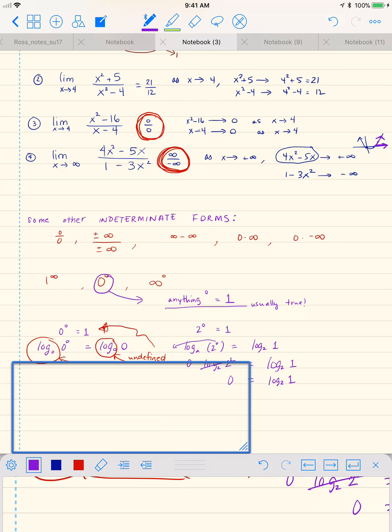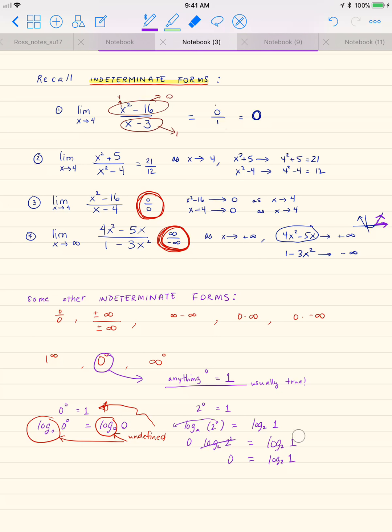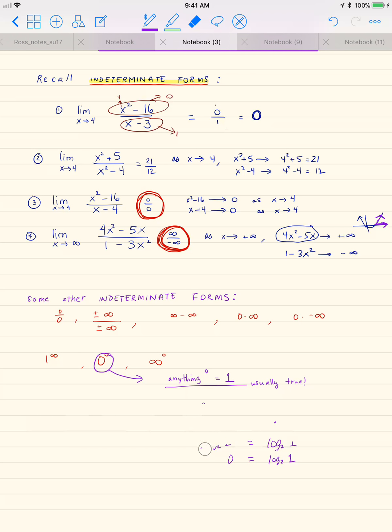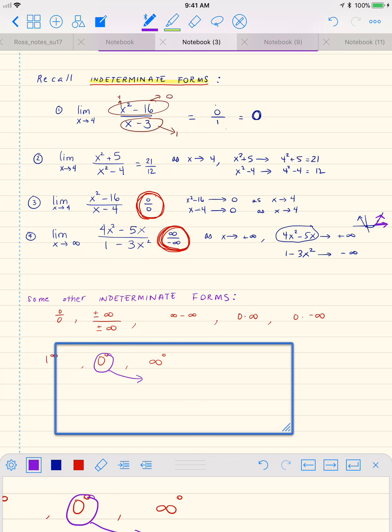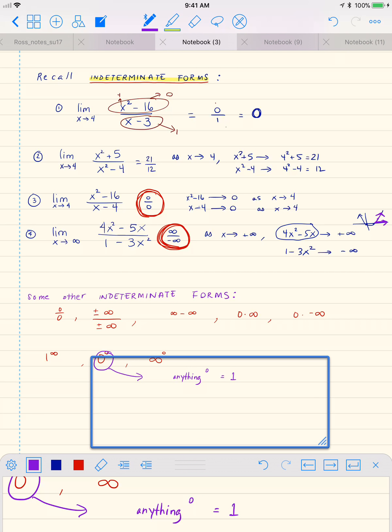Here's another explanation for why 0 to the power of 0 is an indeterminate form. On the one hand, like we said before, anything raised to the 0th power equals 1, so you might think, yeah, it makes sense.